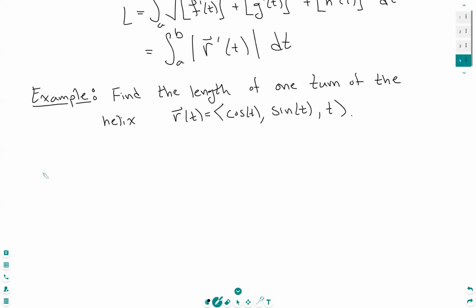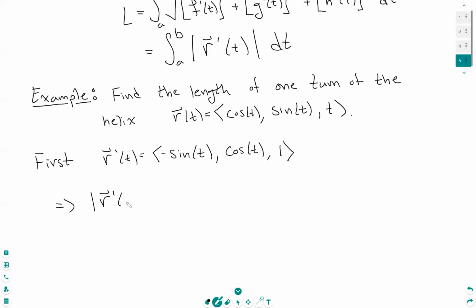Okay, so the first thing we need is this r prime. So first, we find r prime of t. This is negative sine of t, cosine of t, and 1. Now I want to find the magnitude of this vector, and it might be a function of t.